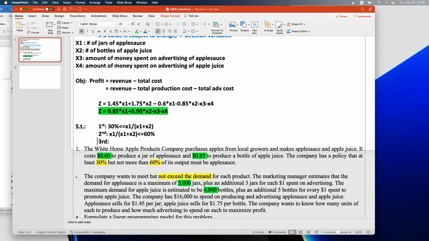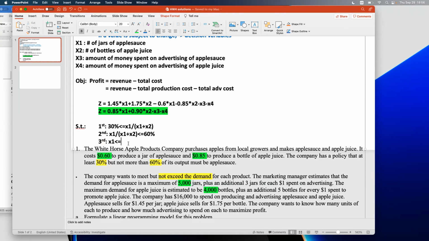It means the quantity we produced cannot exceed the demand.